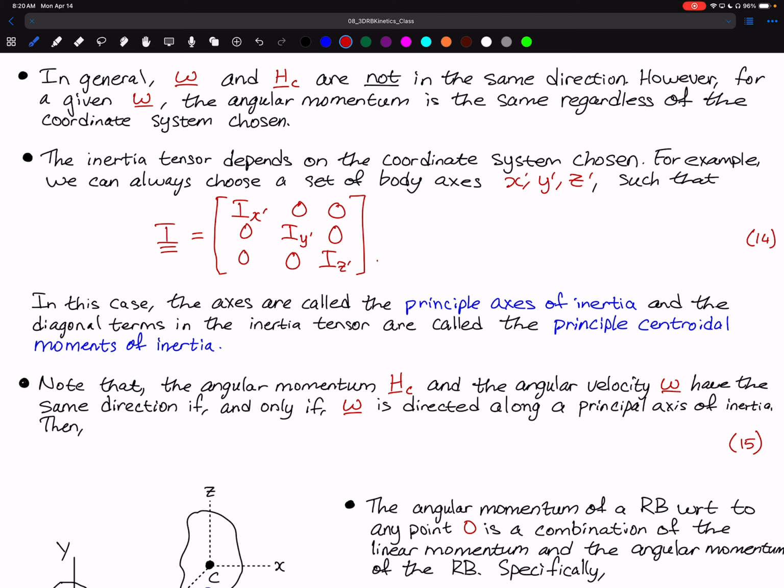And in this case, these axes are called the principal axes of inertia, and the diagonal terms of the tensor are called the principal centroidal moments of inertia.